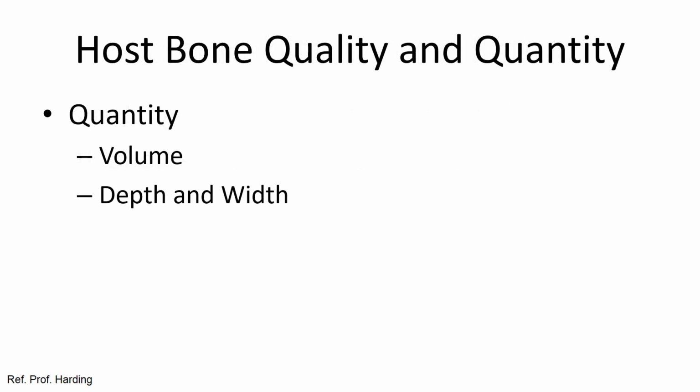Now, when it comes to host bone quality and quantity, we can start by looking at the quantity, which is the volume of the bone on hand, and we're looking at things like the depth and width. The best way, as we've covered in previous lectures, if you're in any doubt about the quantity of the bone, is to take a CBCT.